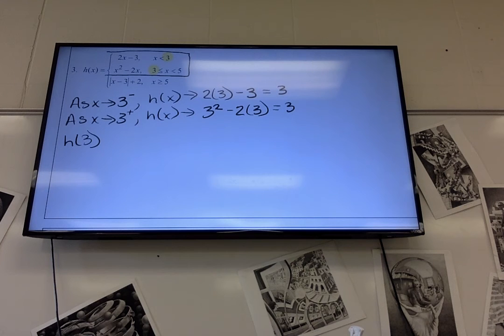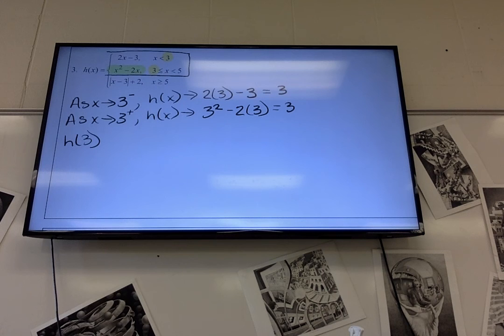Can I find h of 3? And if so, which equation would I use? The third one is only for x is greater than or equal to 5. So which one is including 3? The second one.